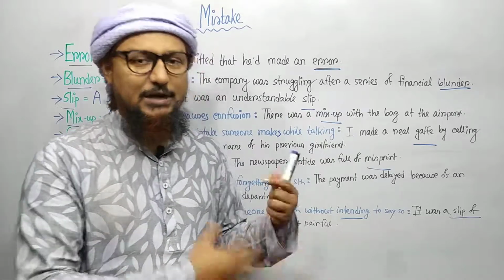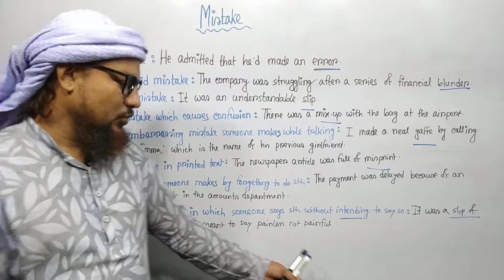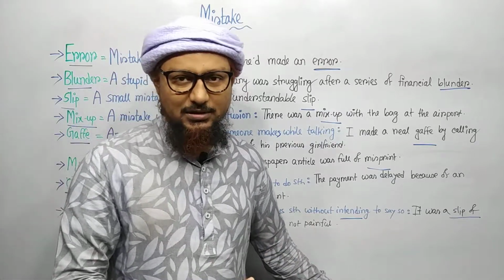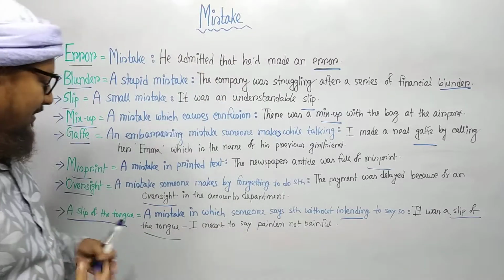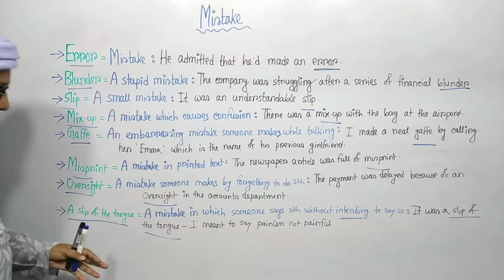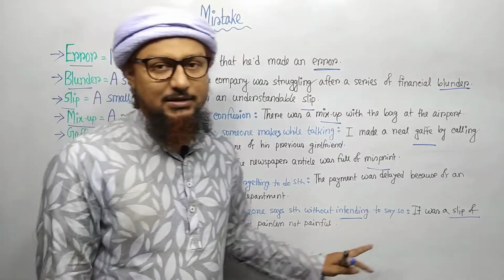You said, don't worry, it's really easy and it's super painful, but you wanted to say painless. In that kind of situation, you could say, oh, it was a slip of the tongue. I wanted to say painless, not painful.